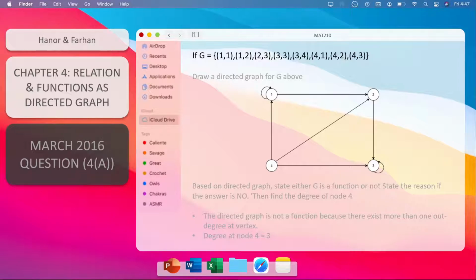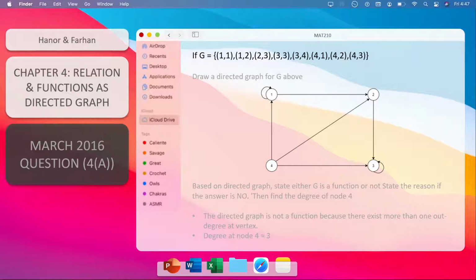In this question, we also have to draw a directed graph for the relation G above. The graph is drawn based on the relation given, just like the other two graphs above. For the next part, I pass to Hanumiza to explain further.